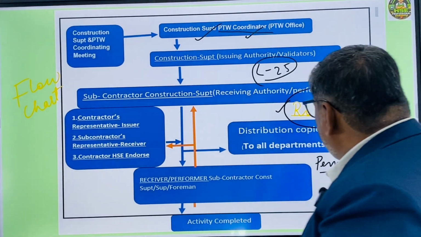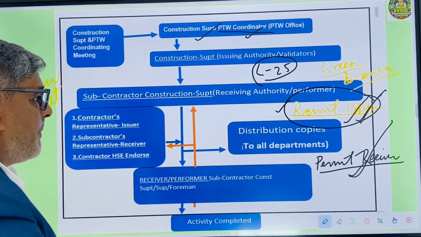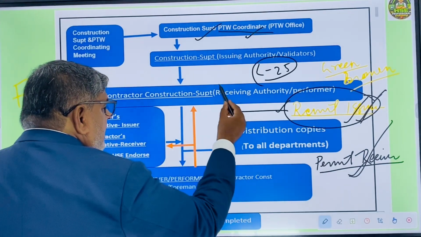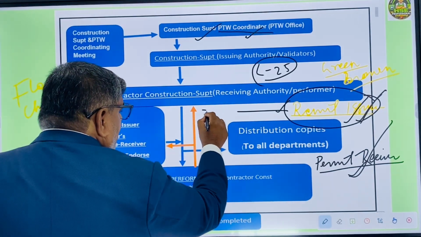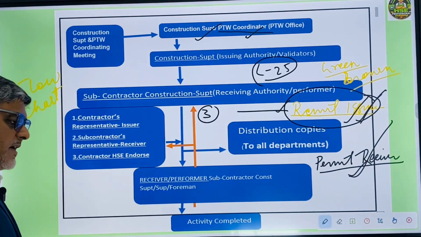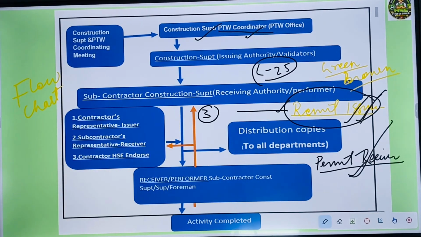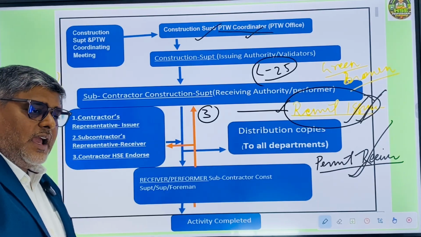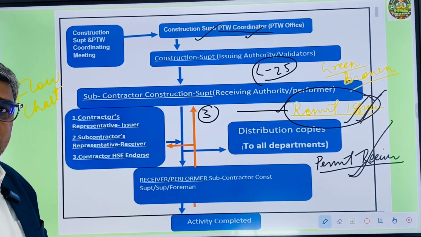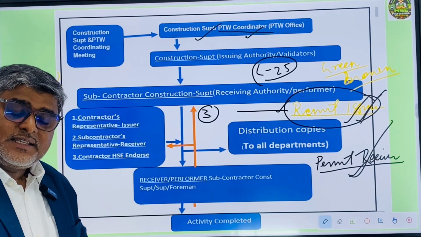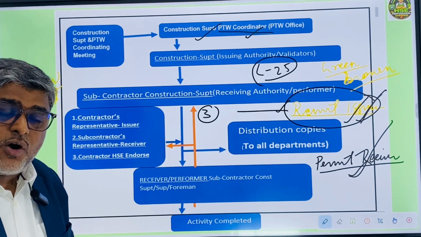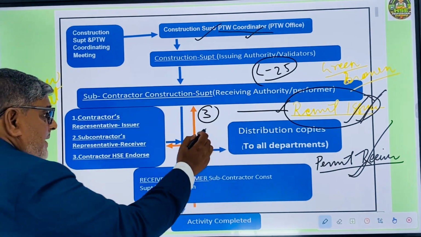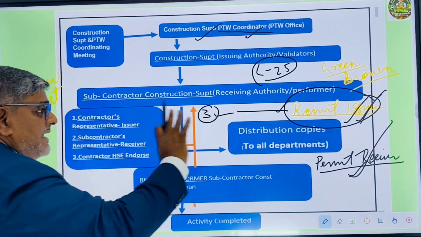But before that, the permit issuer will meet all the departments nearby the work, like the mechanical team, electrical team, E&I team, and civil team, to check whether there is any interface or simultaneous activities ongoing. He will meet with them to get the clearance.